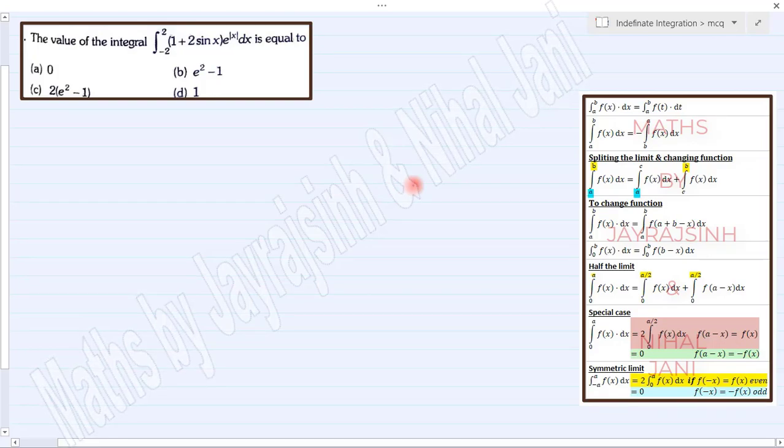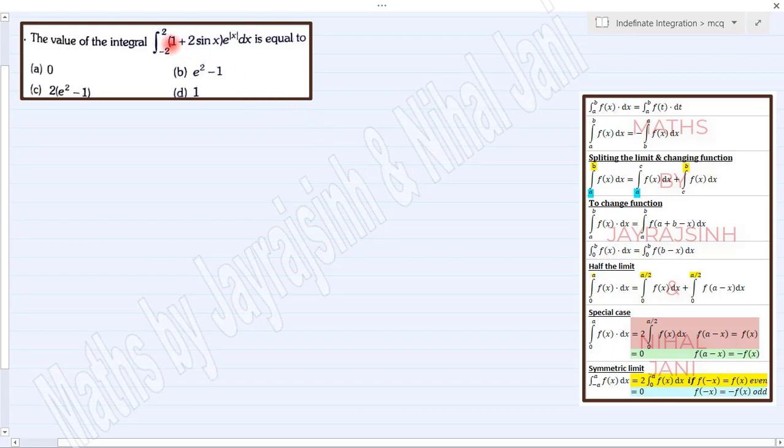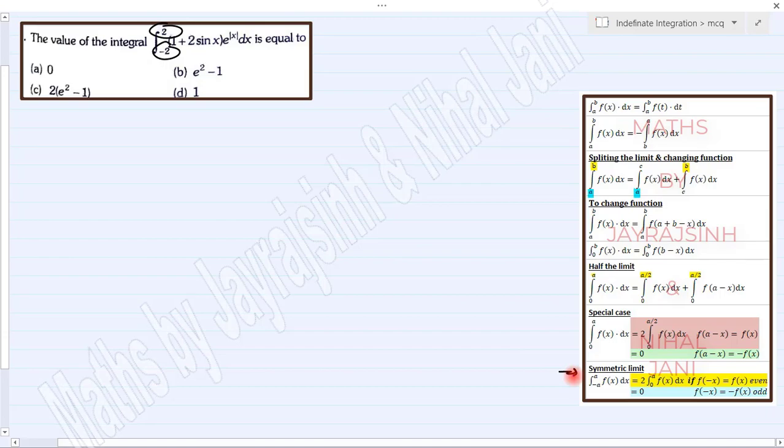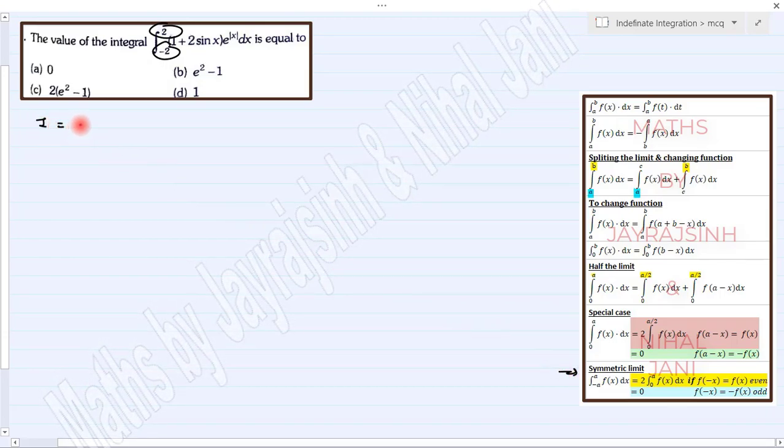Here we have to find out integration of 1 plus 2 sine x into e raised to mod x from minus 2 to 2. So we can say we have symmetric limit. Now, before we go for checking the odd and even, we have to simplify our function.